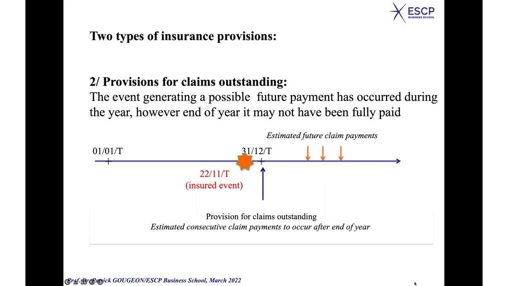But you have an estimate for the claims payment only, but it will definitely be paid later than the end of December. So you have to write a provision, which is the estimate of the claim you will have to pay considering the event which has occurred, okay?